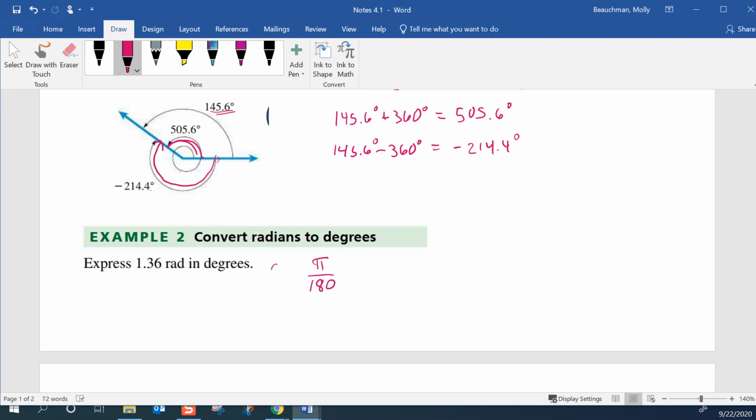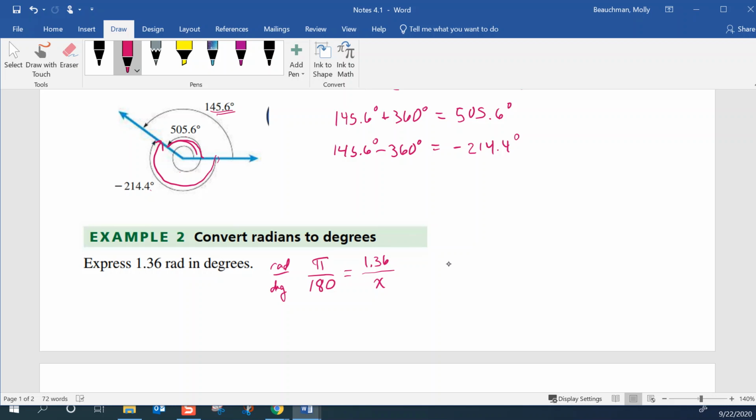This is radians, this is degrees. And we could set up a proportion equals x, 1.36 radians over x degrees. So that's one way to convert between radians and degrees. Use the fact that pi and 180 are the same and set up a proportion.